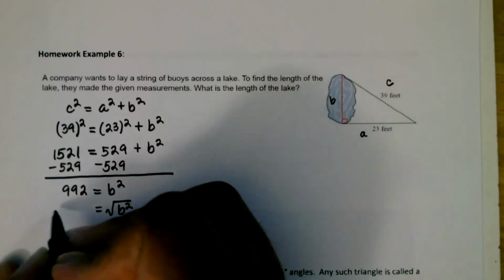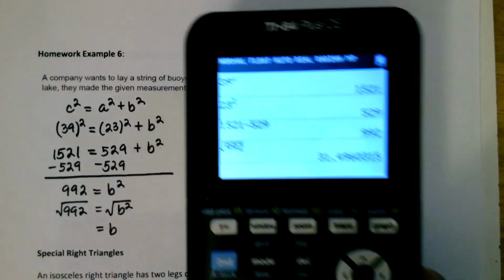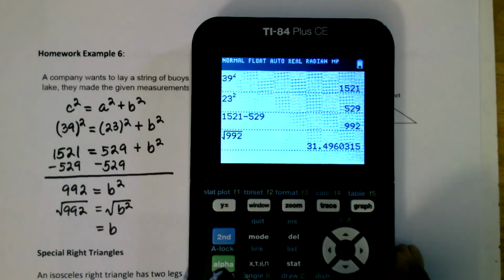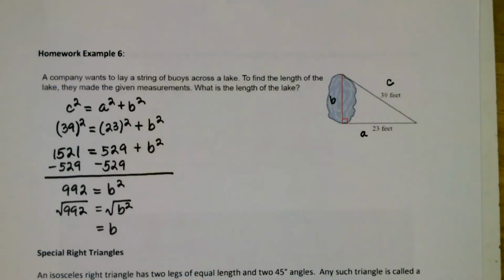And I will go ahead and take the square root on both sides to get B by itself. Okay, so here they want this as a decimal. So when I did the square root of 992, I get 31.496, but to one decimal place, it would be approximately 31.5, and it'll be 31.5 feet.